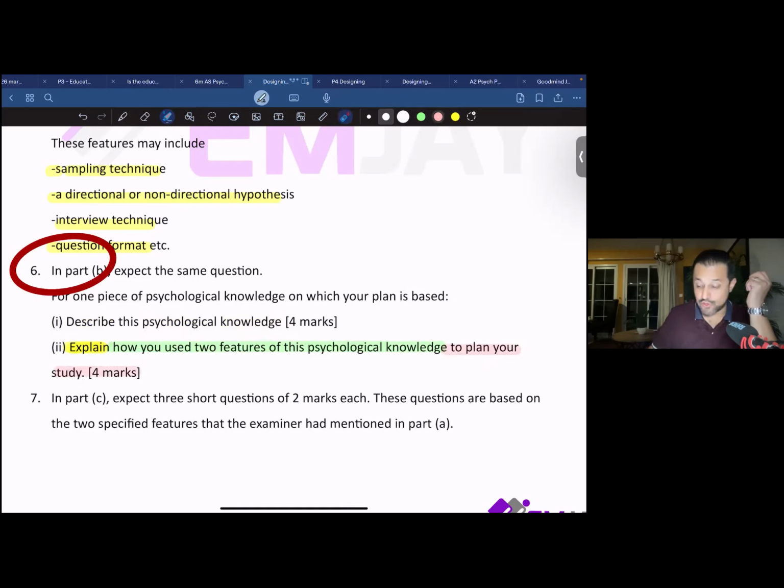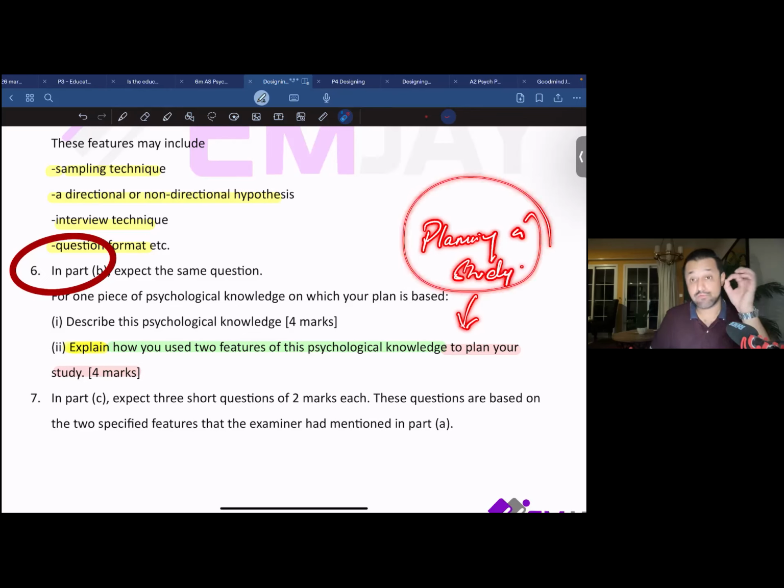So for the psychological knowledge on which this designing a study question is based, number one, you should be able to identify what particular part of the syllabus this has been picked from. In this part, you simply summarize this. However, for the second part, you're expected to provide an explanation through two different features.